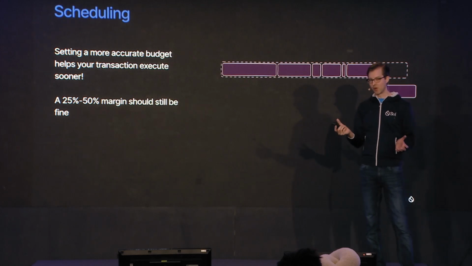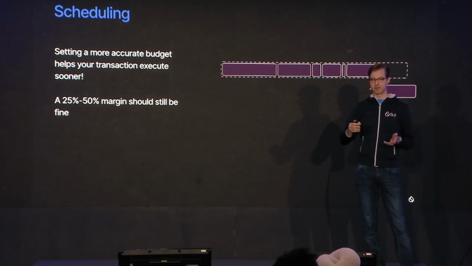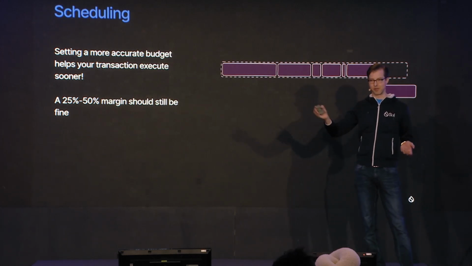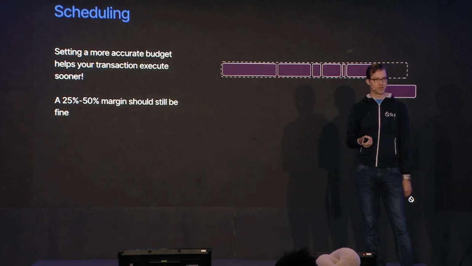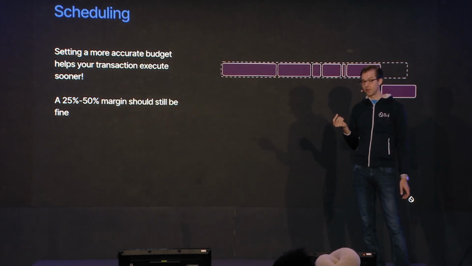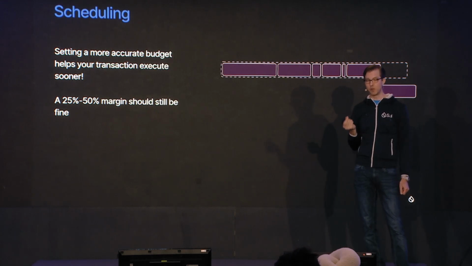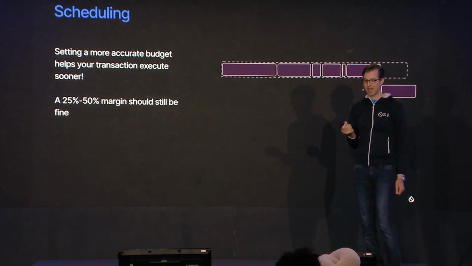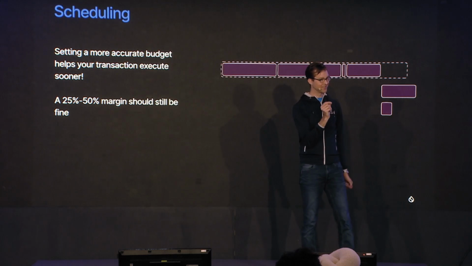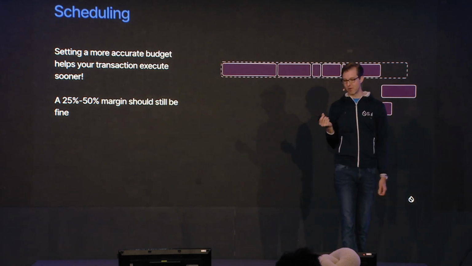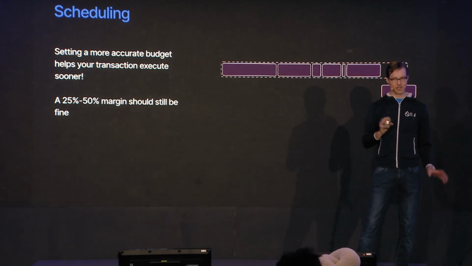I think a lot of people right now just set 10 Sui budget or something because there's no reason not to. In the future, if you're interacting with shared objects, it's going to help us and help you if you set a more accurate budget, but don't think that you have to get it exact. If you get it within a 25 to 50% margin, that's still going to let us build an efficient, high utilization system.